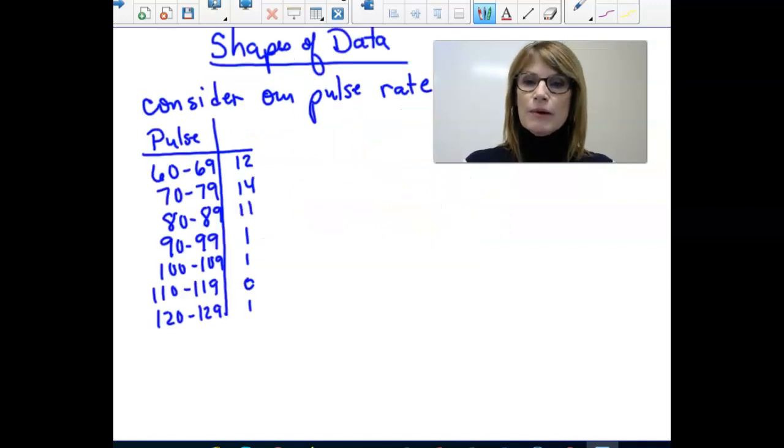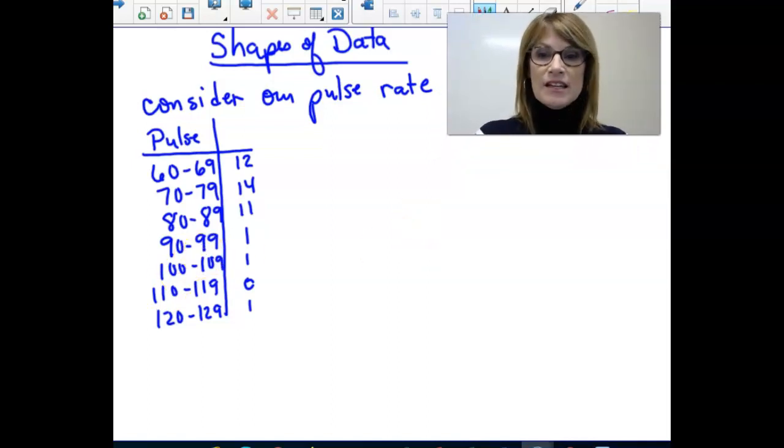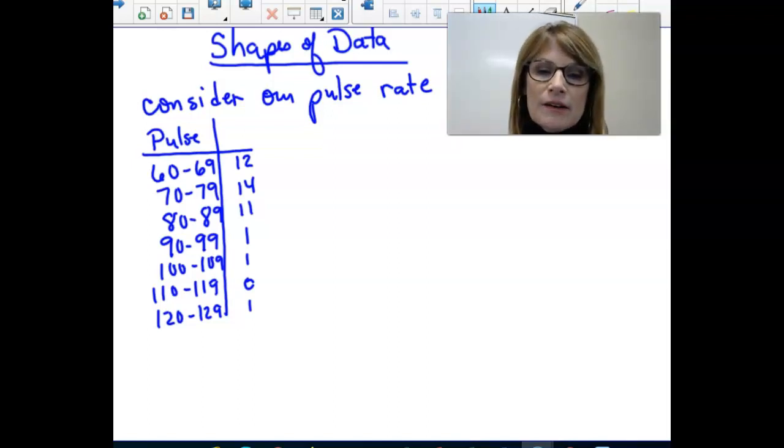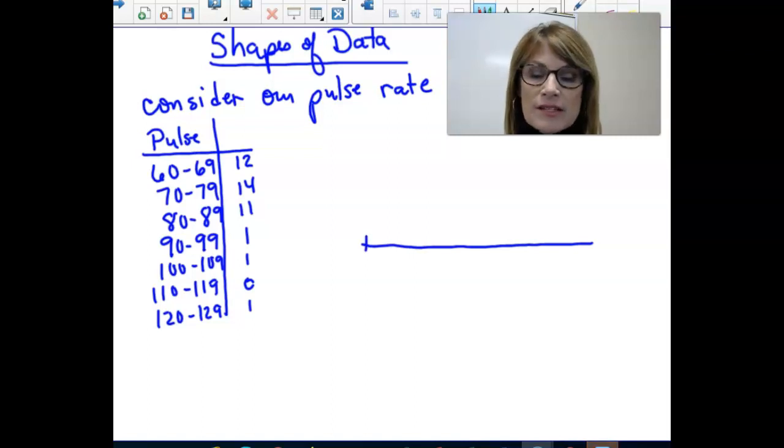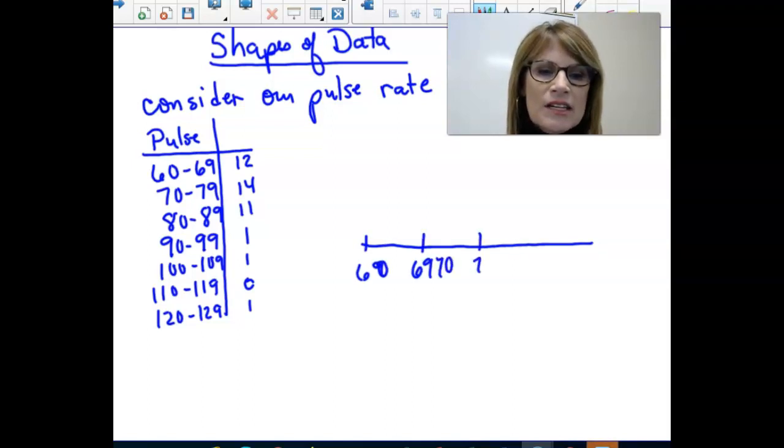Okay, going back and looking at our pulse rate data, if we wanted to graph that in a histogram, I can't draw a histogram with bars that go 60 to 69, and then suddenly you have 70 to 79, and then 80. That's just a mess.